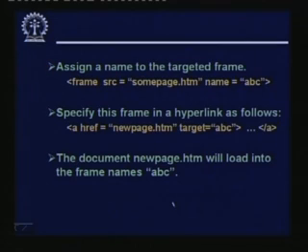The first thing we need in order to do this is to assign a name to the frame where you want the page to appear. Whenever you have the frame definition, of course you require the source file to be specified. Optionally you can also give a name to the frame. For example, here the name is ABC.